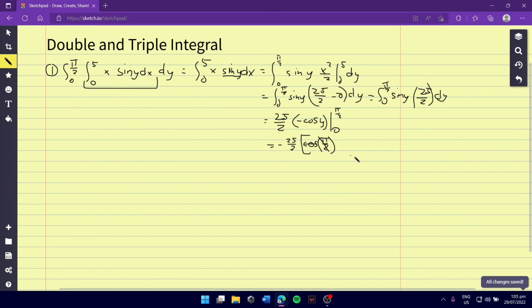And then your second term, which is minus cosine of 0, will become 1. So your answer will become negative 25 over 2. So this is your final answer for example number 1.